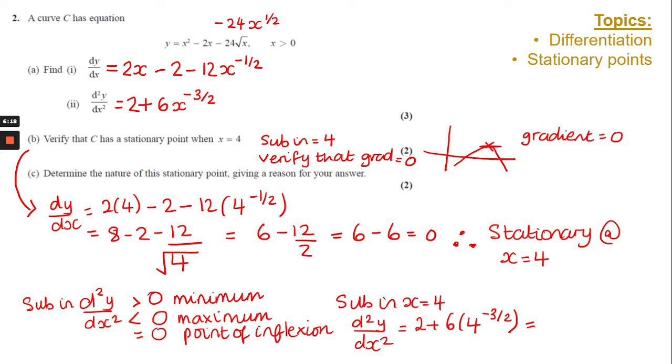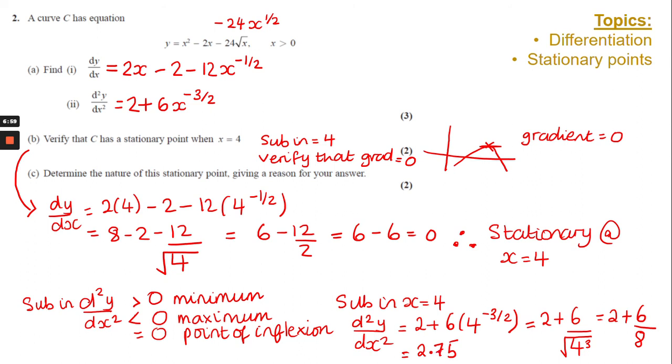Now this will give us 2 plus 6 over 4 squared and then cubed. Okay, so when we work that out, it is 2 plus 6 over, 4 cubed is 64, square root it gives me 8. So 2 plus 6 over 8 gives me 2.75 or 2 3/4.